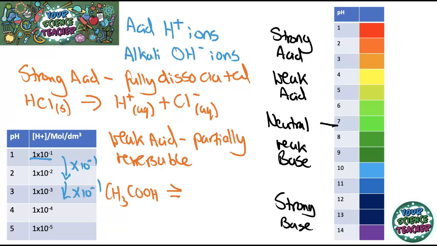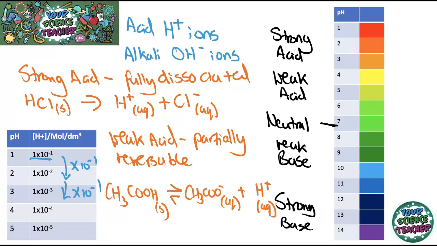And when I add that to water, what happens is I make CH3COO minus, which would be aqueous, and I'll make my H plus, which would be aqueous, but it's reversible.